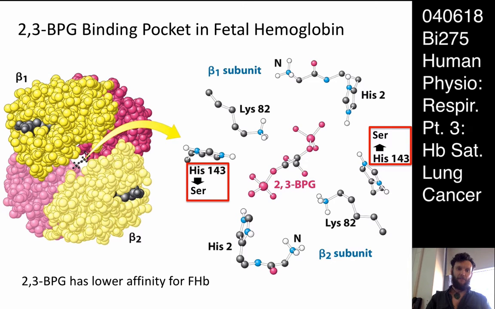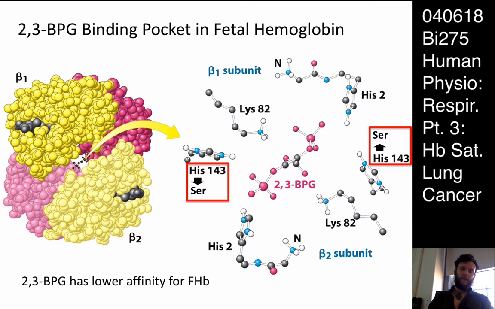So babies do not have the same hemoglobin as you and I. And I shouldn't say babies. Fetuses do not. In utero fetuses, unborn fetuses, they have a different hemoglobin. It's called fetal hemoglobin.